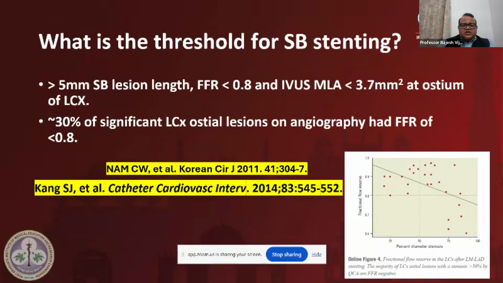Sometimes these two studies have nicely demonstrated that an angiographically significant LCx has an FFR of less than 0.8 in only one-third of the patients. Two-thirds of the patients, though having angiographically significant stenosis, don't have an FFR of less than 0.8 across the LCx ostium. So it is very important to have a functional assessment of the side branch before going ahead with a complex two-stent strategy for left main bifurcation disease.